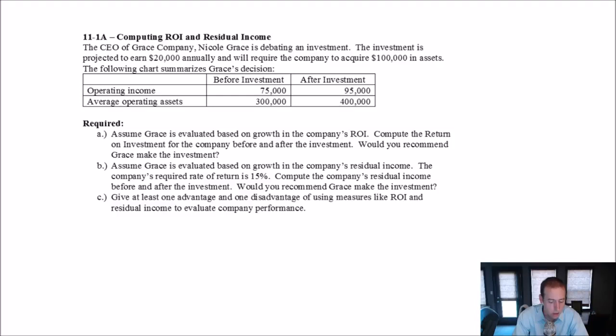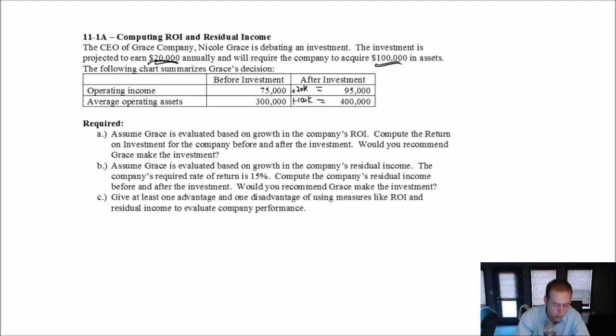The following chart summarizes Grace's decision. Before the investment, they've got $75,000 in operating income. This new investment makes them $20,000. Before the investment, they had $300,000 in average operating assets. After the investment, they'll have $100,000 more, so $400,000.